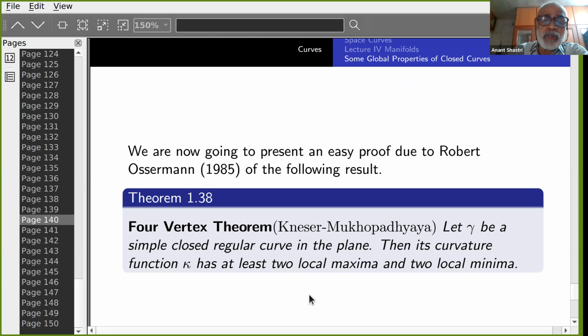This is long before independence. So what he proved is, for a convex simple closed plane curve, there are at least 4 vertices. Vertices means kappa dot is 0.